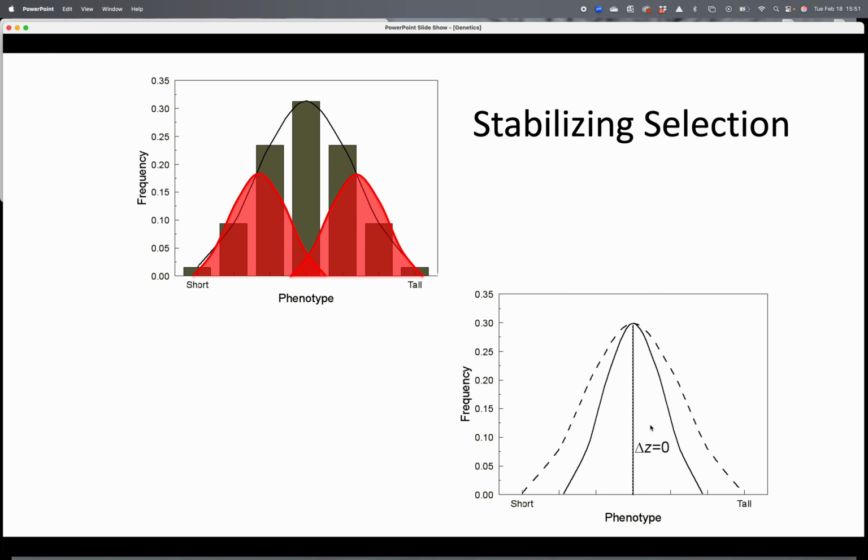But in this case, once again, because you're removing these extreme phenotypes at the edges, the variation in the post-selection population is lower than the variation in the pre-selection population. So stabilizing selection could be defined as a type of selection that results in little to no change in the phenotypic mean and a decrease in the phenotypic variance.